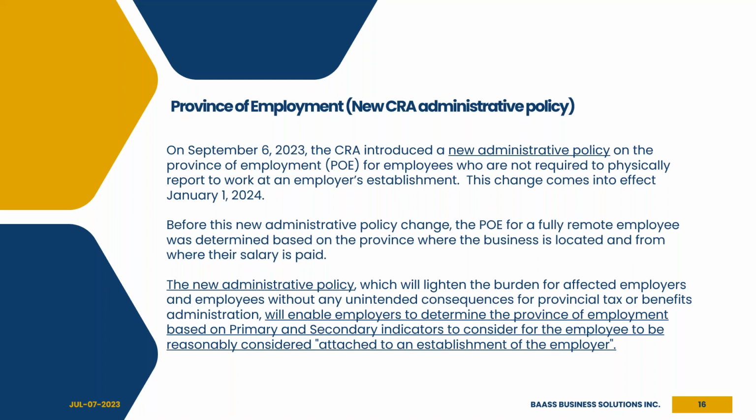In the past, it was always based on where the employee reported to work. And if the employee did not report to work because they were a remote worker, it was always based on the province where the employer was and where they were being paid from. That has changed, mainly because more and more people are working remotely, and this way it allows the employer to go through the primary and secondary indicators to identify the province of employment for taxation purposes for an employee.